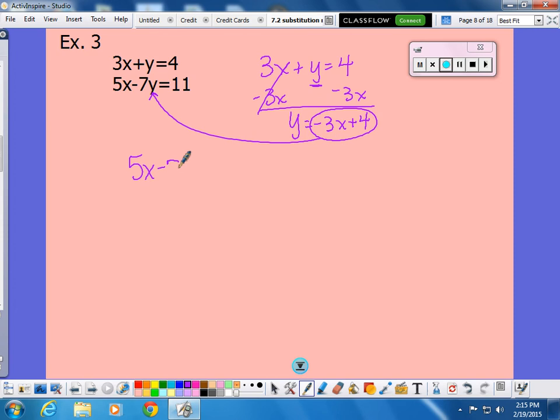So that'll be 5x minus 7. Take that y out. Because in the place of y, we're going to put what y is equal to. And now we'll solve for x. Distributive property, watch your signs.